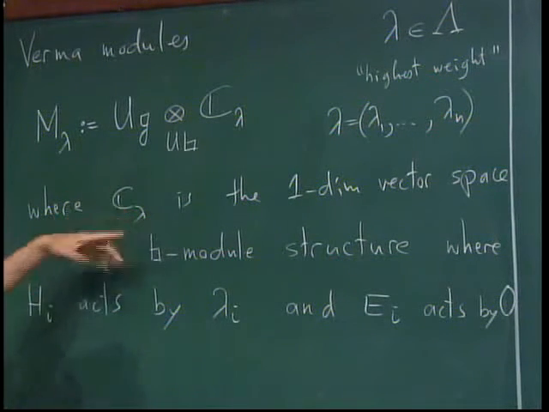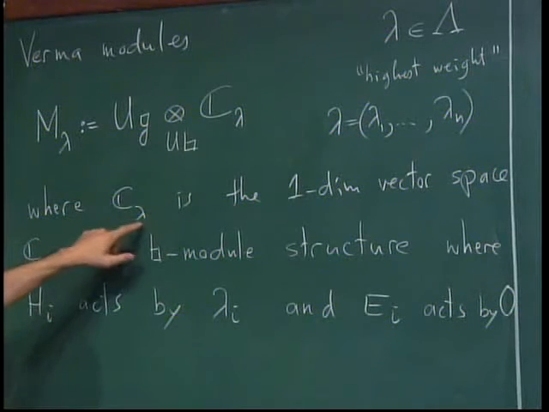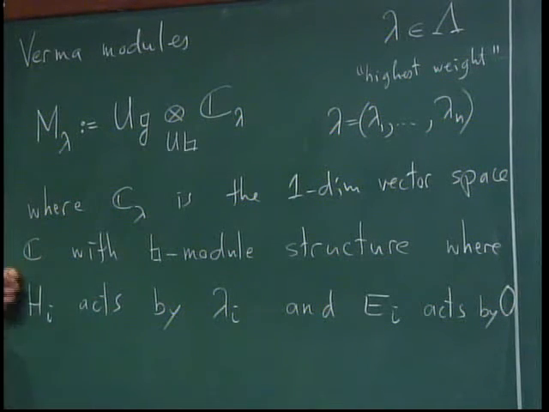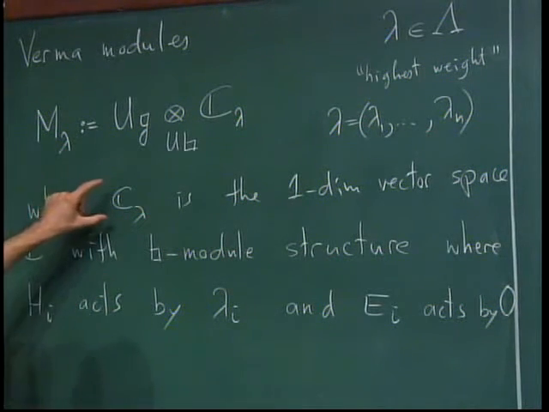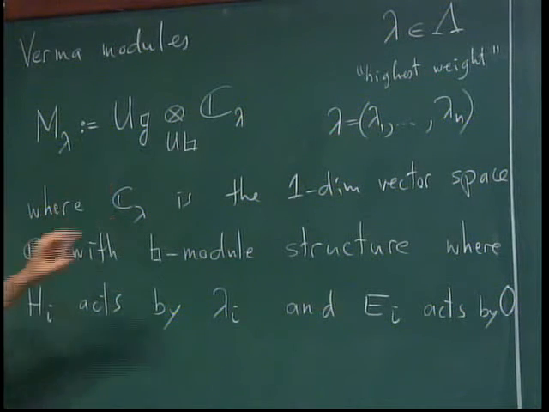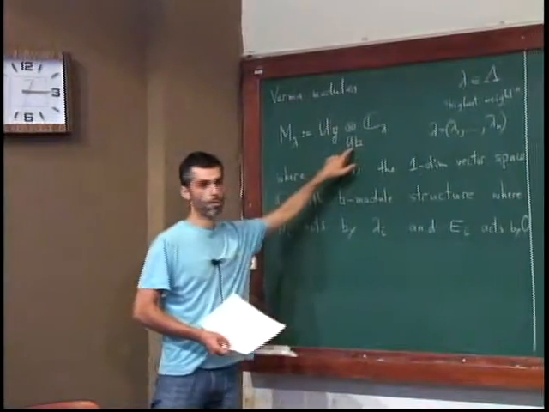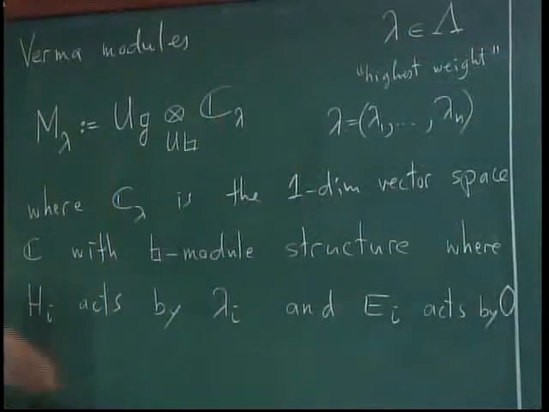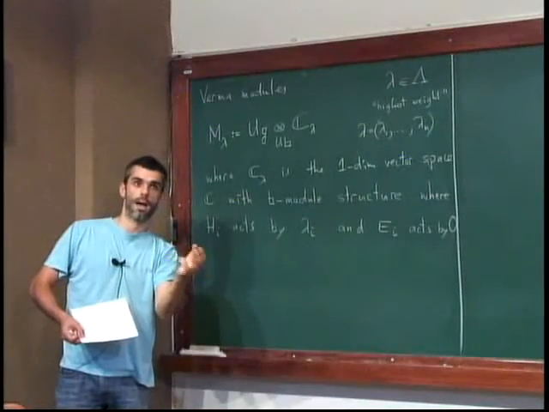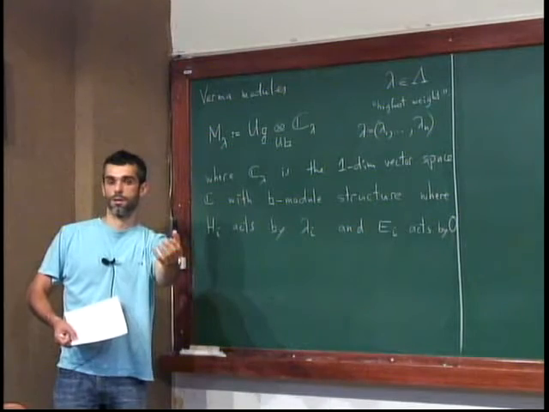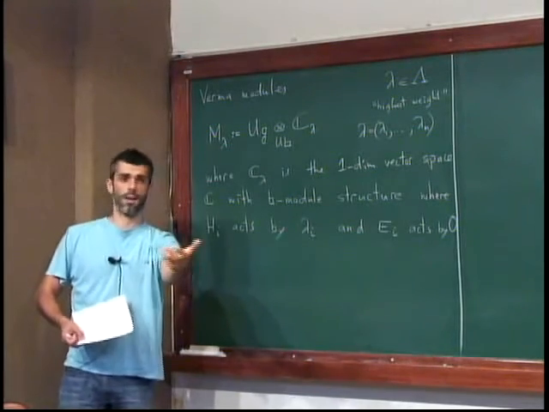Okay, so to denote this particular action, we write C sub lambda. As a vector space, it's just C, but this is a representation of B. A Lie algebra representation of B is the same thing as an associative algebra representation of the universal enveloping algebra of B. There's a correspondence between representations of Lie algebras and representations of the universal enveloping algebra.